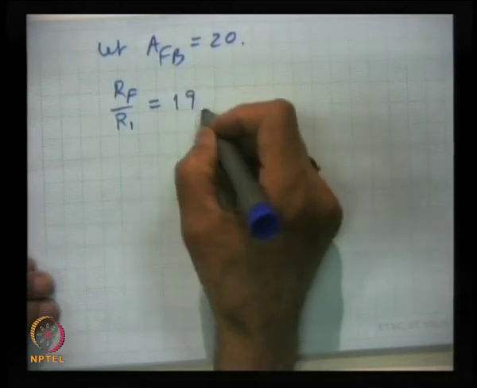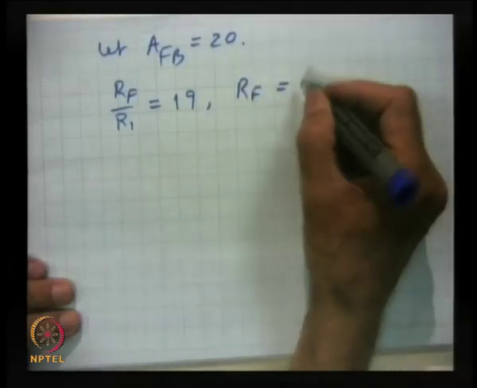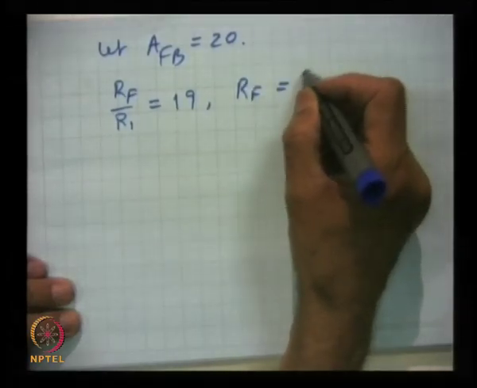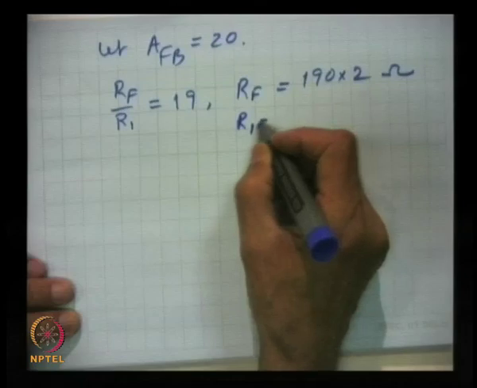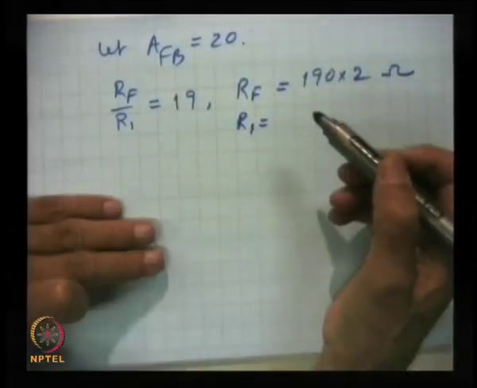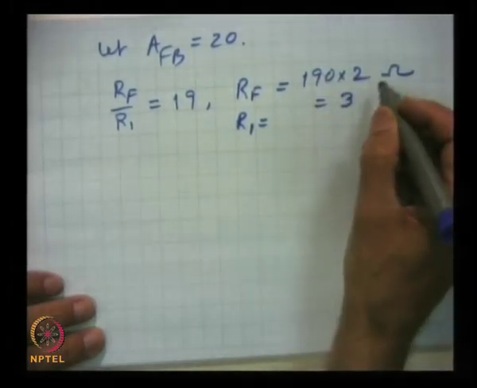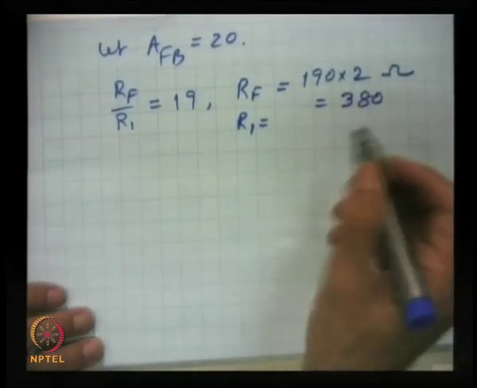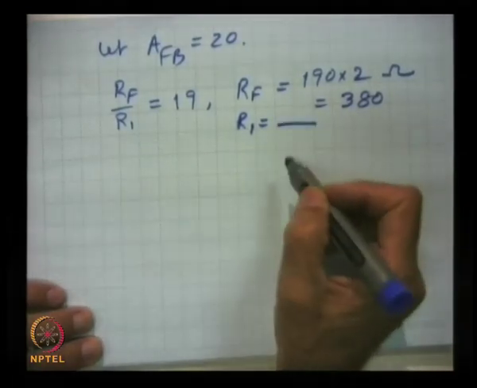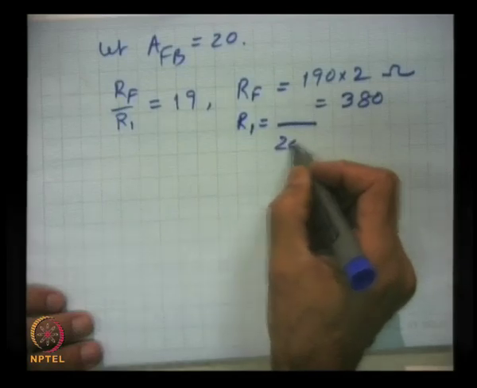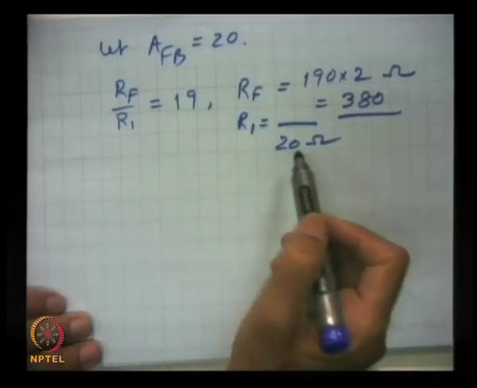Now for example, Rf you can choose 380 ohms and R1 20 ohms, the ratio will be 19.